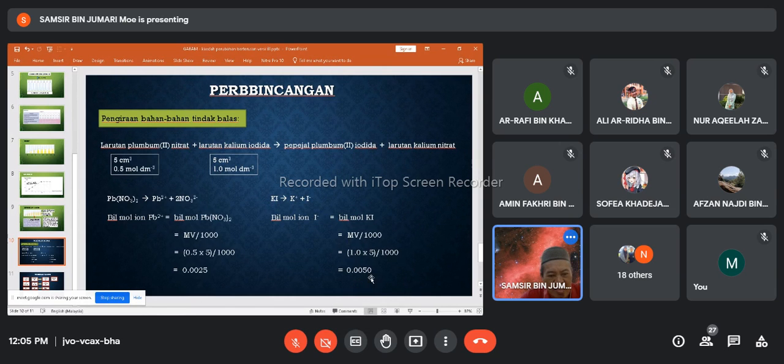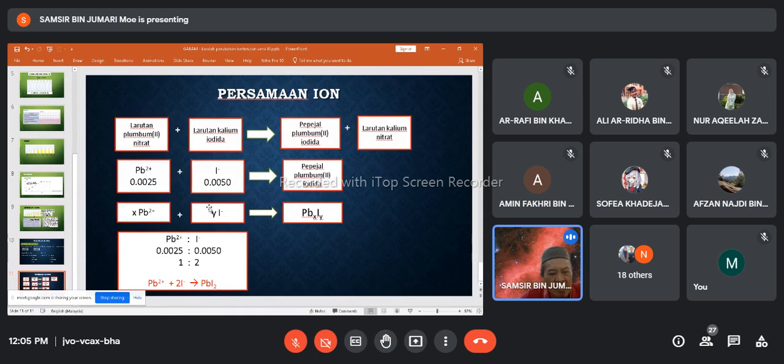Okay, kalau kita tengok sini, kita dapat calculation semua tu. Ini tadi kita kira 0.005 kalium iodida atau iodide ion. Jadi akan membentuk lead(II) iodide ni. Jadi 0.0025 tadi dan ini 0.005.